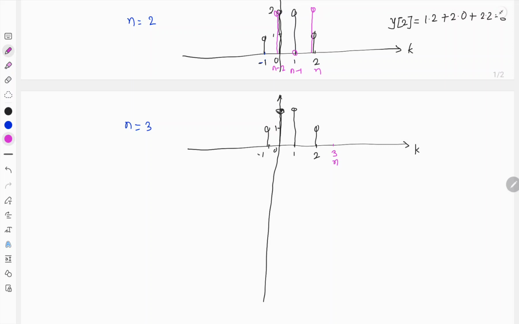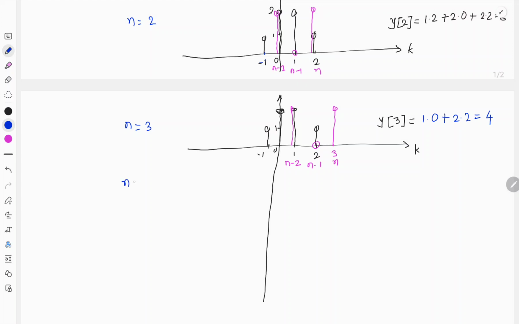So n will be placed at 3, it will be n minus 1, and this point will be n minus 2. So again, now find out the value of y of 3. So y of 3 becomes, just multiply the overlapping region. So at n equal to 3, we do not have any overlap, so there is no multiplication. At 2, we have overlap, so x is 1, h is 0, plus at 1, both the values have amplitude 2. So answer is 4.